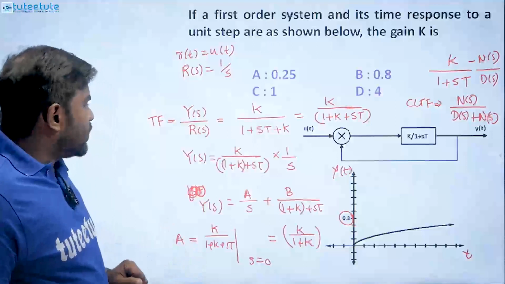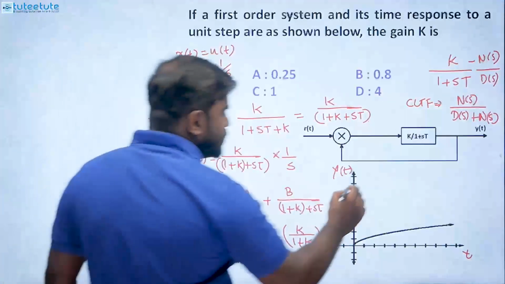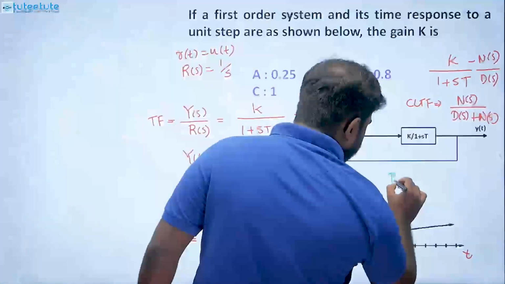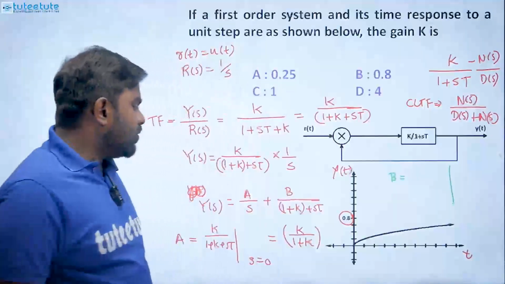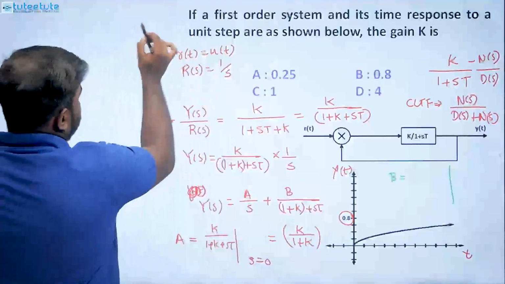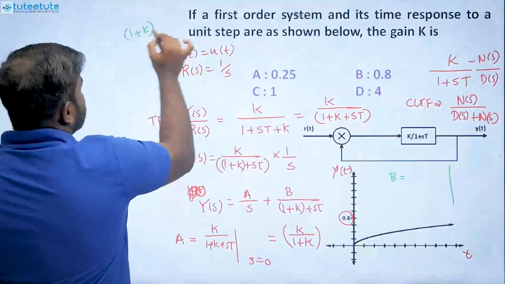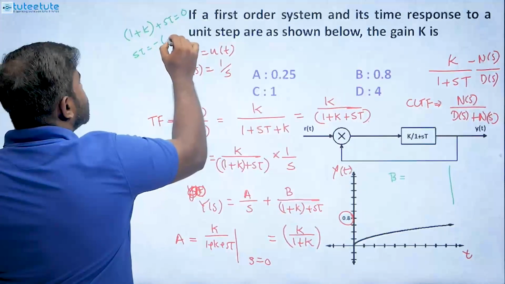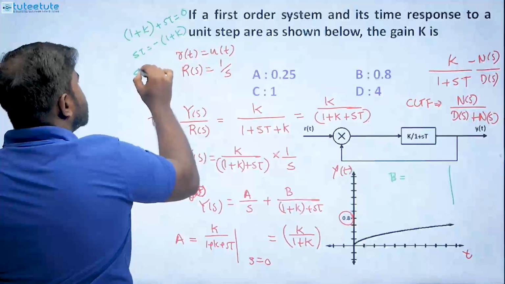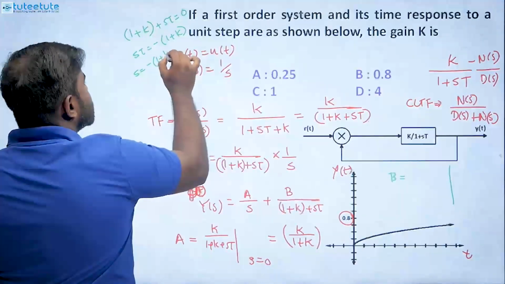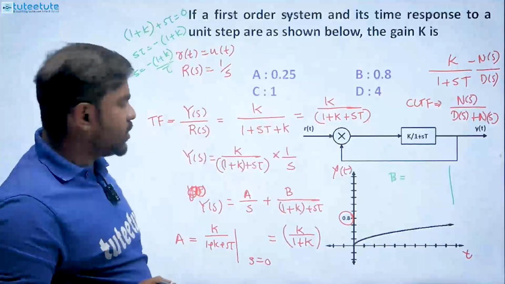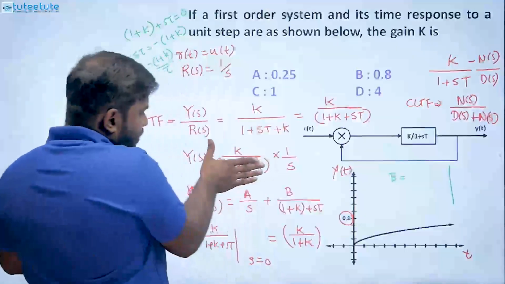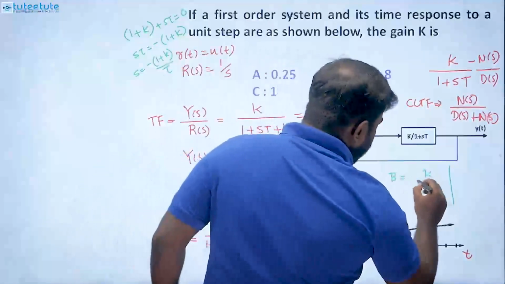Okay. Now you have to find the value of b. So here I'll write with a color change. In order to find b, what you have to substitute? See, here 1 plus k plus s tau equal to 0, so s tau equal to minus of 1 plus k. So s is equal to minus of 1 plus k divided by tau. You have to substitute in this expression. You have to hide this term also, so only k by s would be remaining.